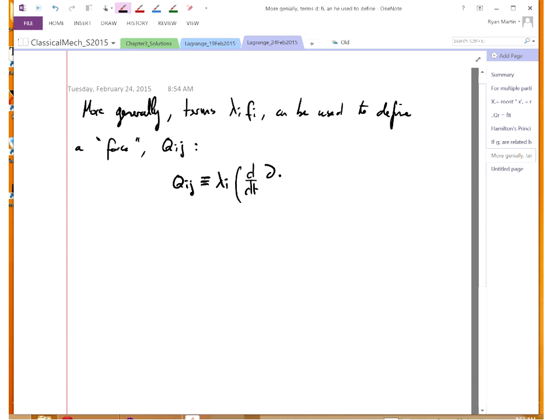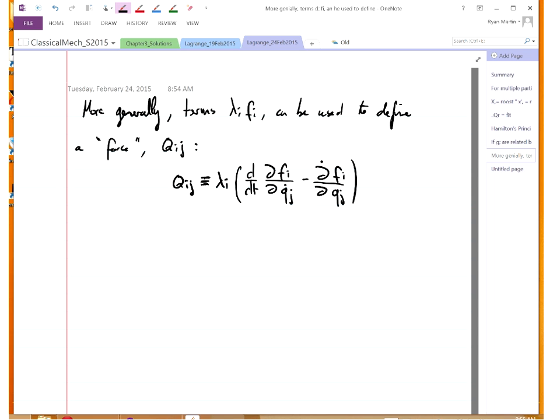And then lambda is a constant, right? And then it'll be lambda i times ∂Fi by ∂Qj dot minus ∂Fi by ∂Qj. So the i index is for which constraint equation I'm using. Remember, the F's are constraint equations, and then j is which degree of freedom.